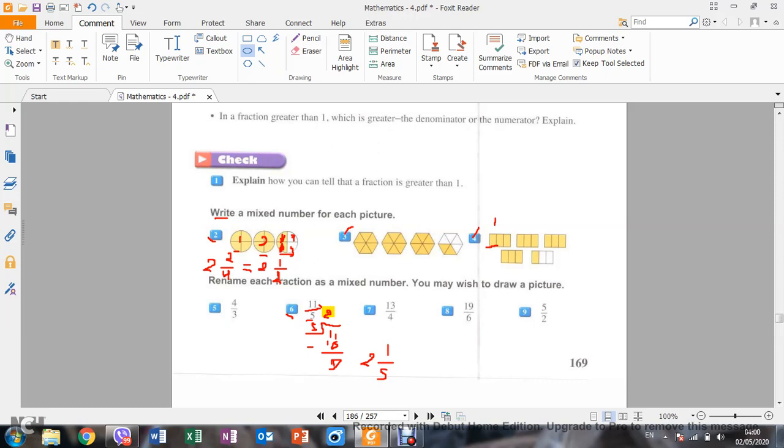We have 2 whole circles, and this is 2. The third one shows our fraction.